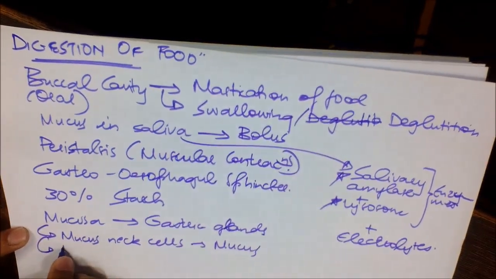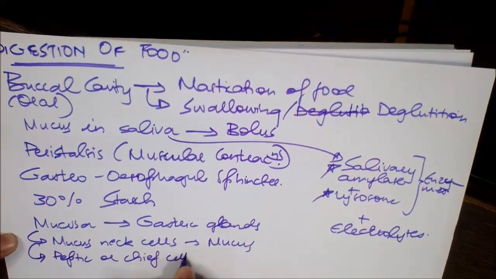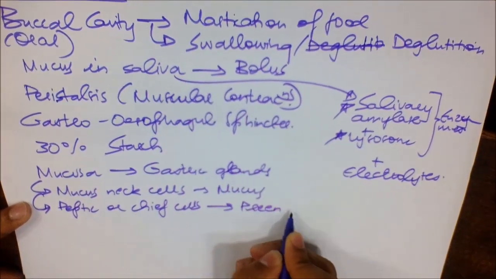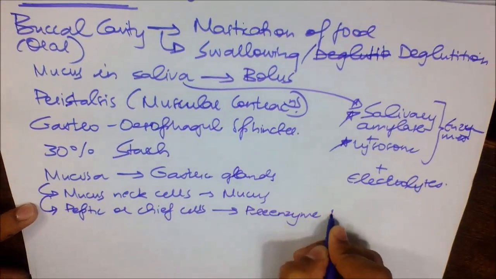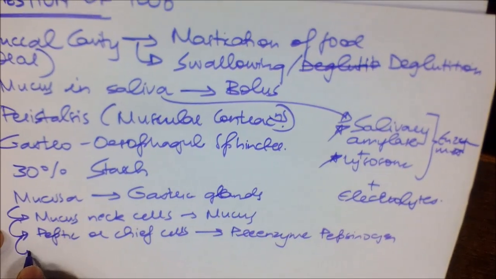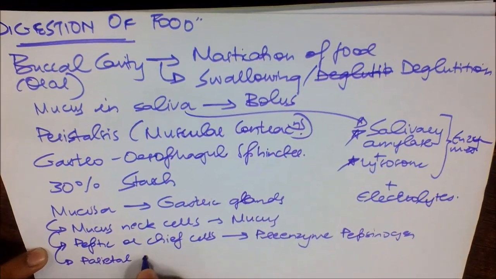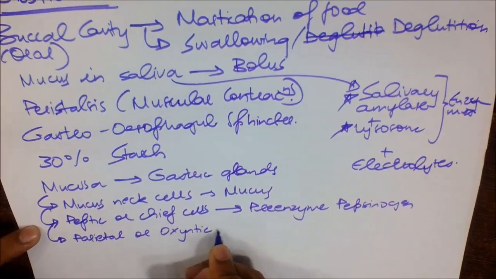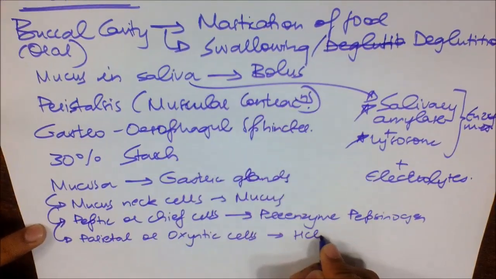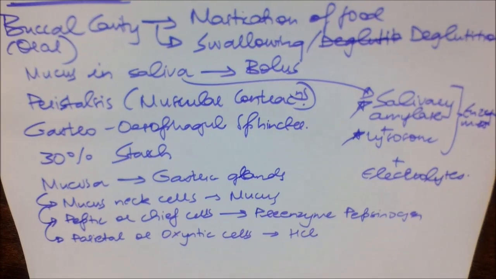Then we have peptic or chief cells, which secrete the precursor to an enzyme known as pepsinogen, and parietal or oxyntic cells, which secrete HCl and an intrinsic factor, which helps in the absorption of vitamin B12, which is cyanocobalamin.